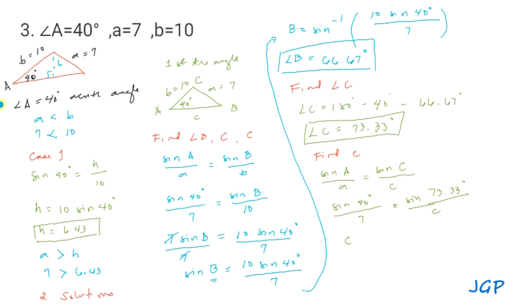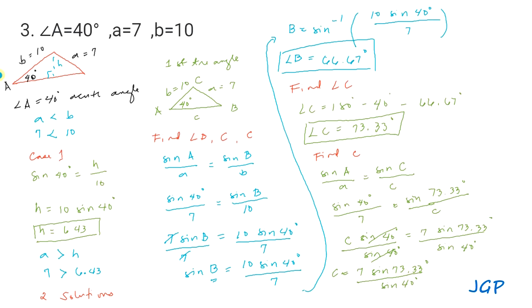So you have C sine 40 degrees is equal to 7 sine 73.33 degrees, and let's divide both sides by sine 40 degrees. This cancels, so you have C is equal to 7 sine 73.33 degrees over sine 40 degrees.